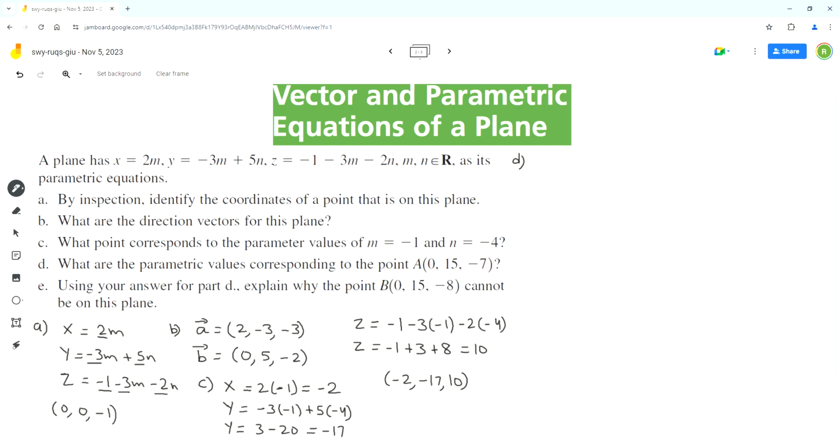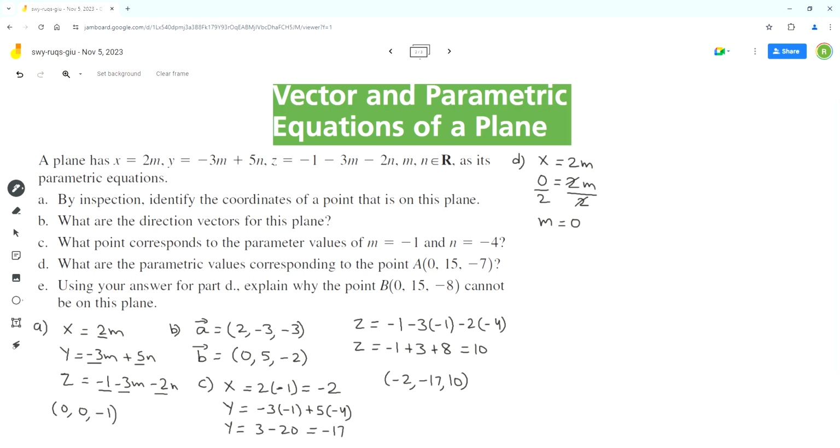So let's start with the x equation. The x coordinate of the given point A is 0. So we should sub in x as 0 and solve for m. So I get m equals 0.